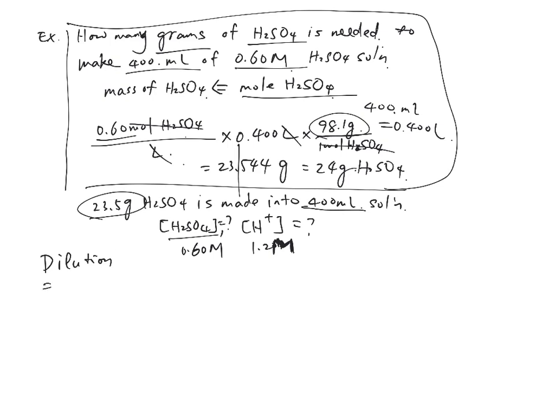Let's also look at an example here. 50 milliliter of 12.0 molar NaOH is diluted into 250 milliliter.